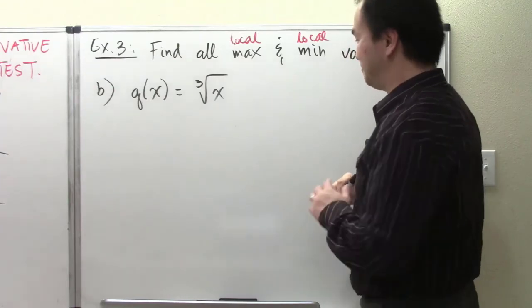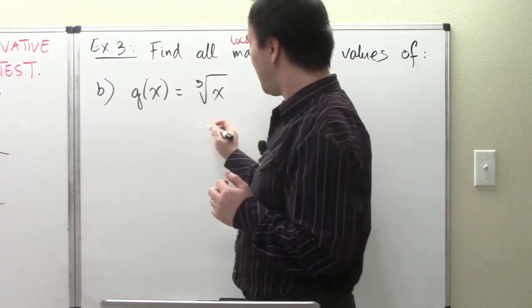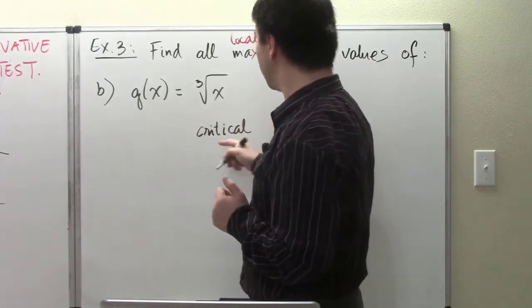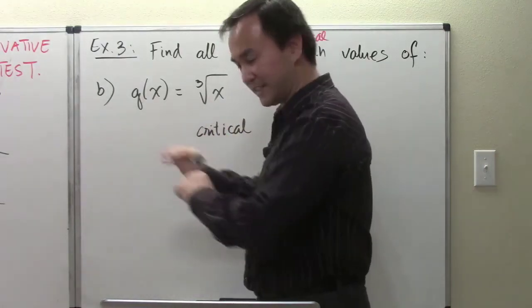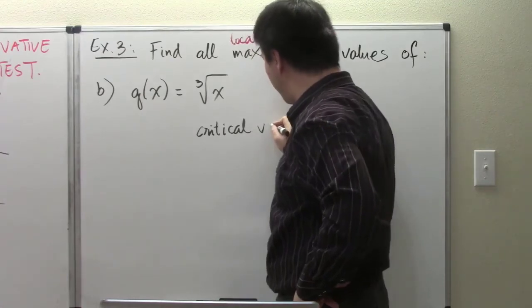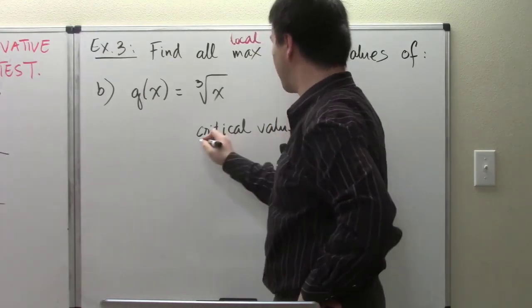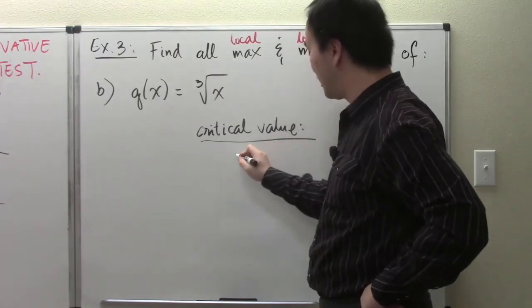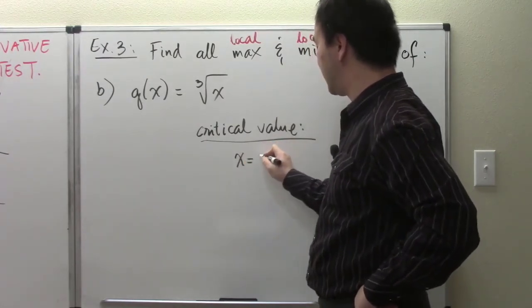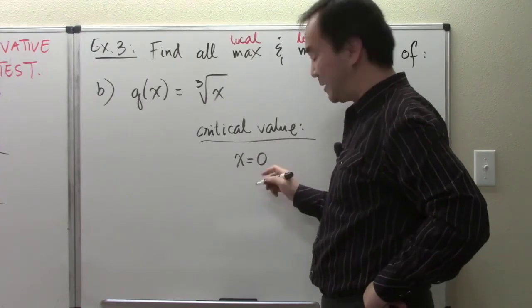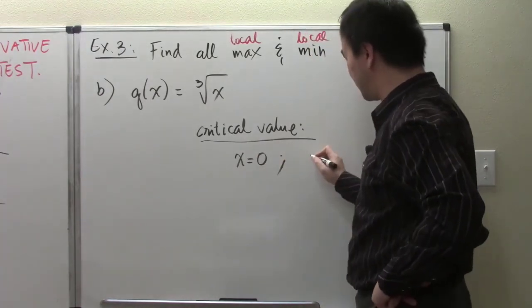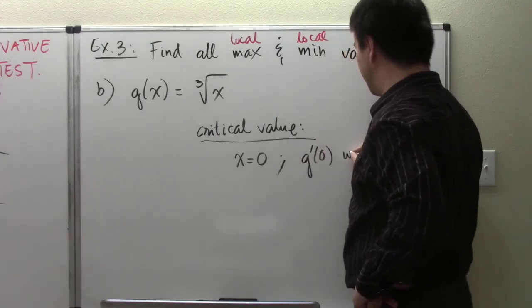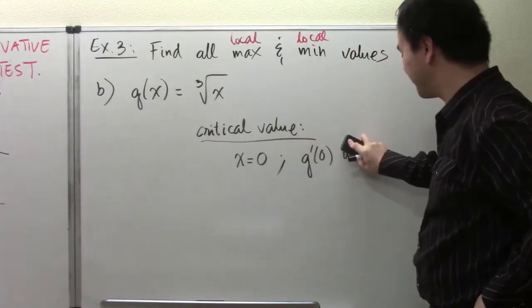Okay, so now recall that we already concluded from the earlier example that for this function we only had one critical value, right at x equals 0. But that was because, remind yourself, g prime at 0 is undefined.